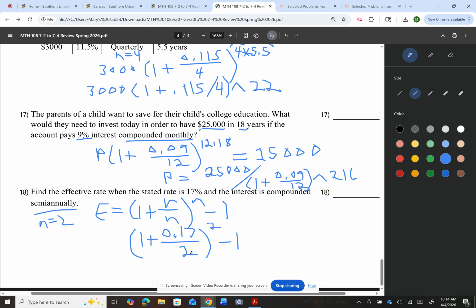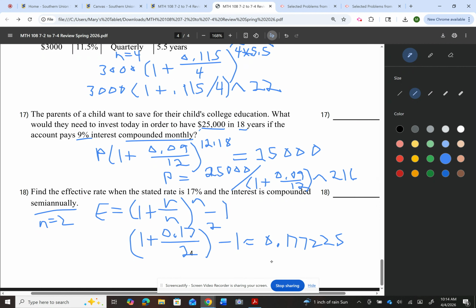So let's do that. I'm raising it to the second power, subtracting 1, and I get 0.177225. It's always going to be in the ballpark of the stated rate, but it'll usually be just a little bit higher.